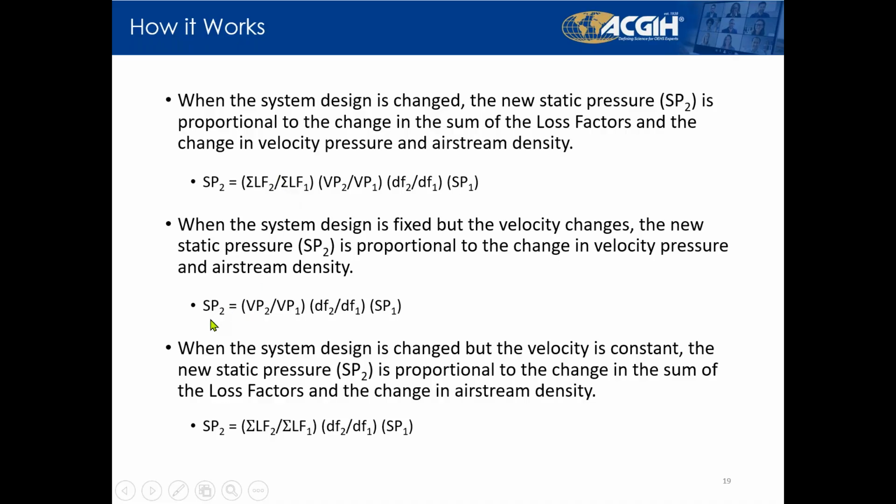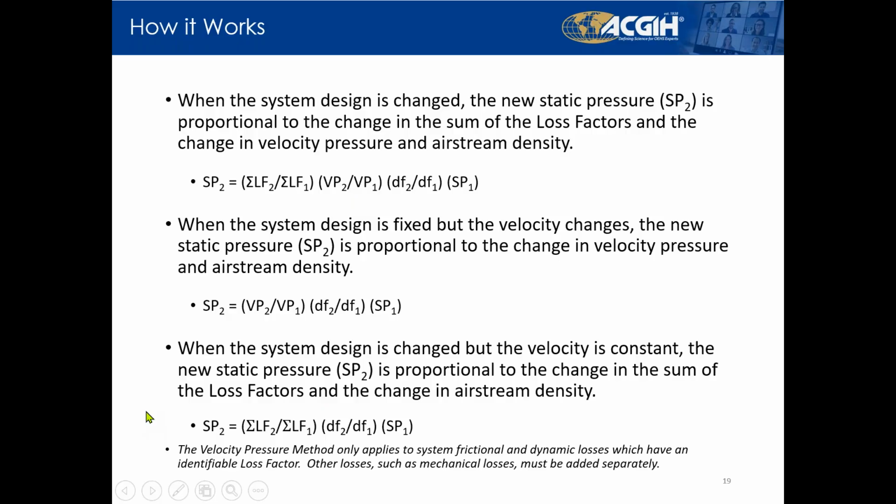It drops out, and SP2 is simply the ratio of the change in velocity pressure times the change in density factor times our original static pressure. When the system design is changed, but the velocity is held constant, the new SP2 is simply the ratio of the change in loss factors times any change in density factors times SP1, because again, at that point, if the velocity pressure is unchanged, this goes to 1. It simply drops out of the formula.